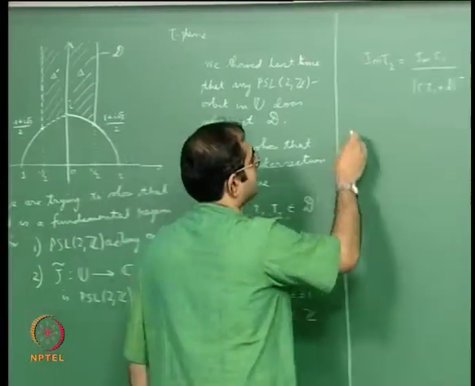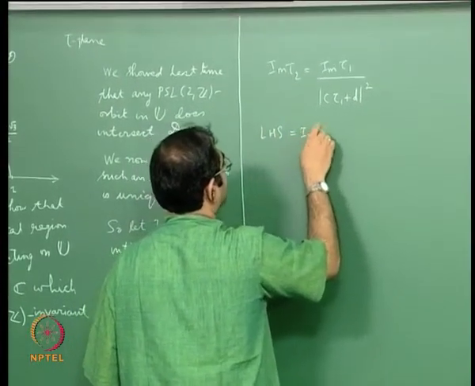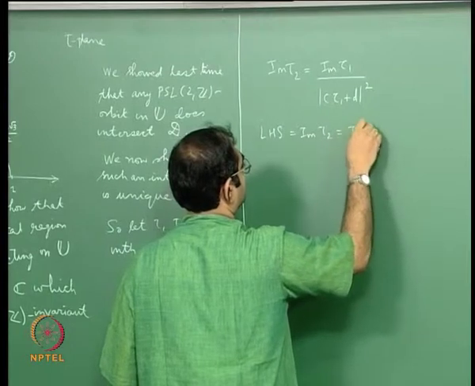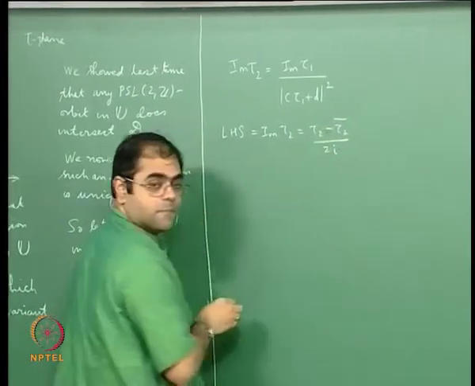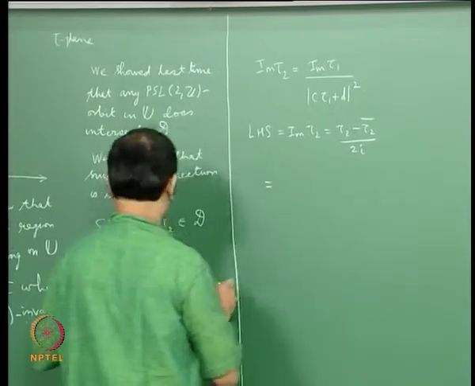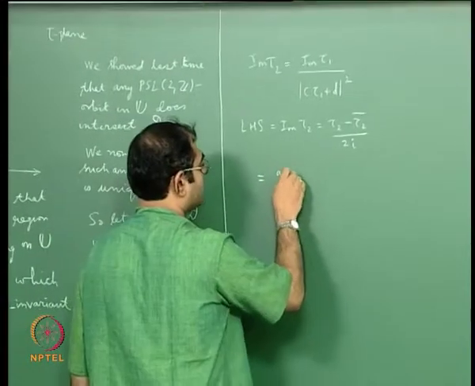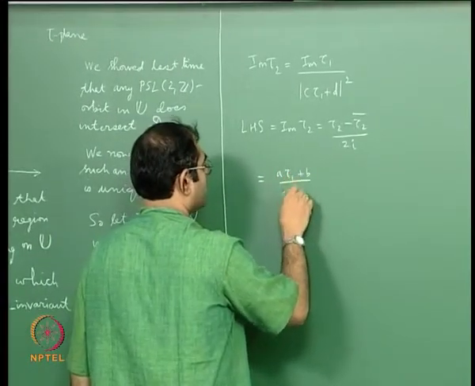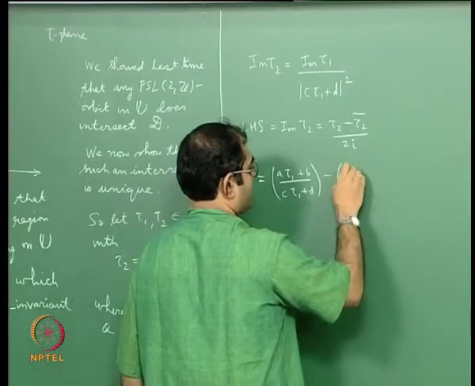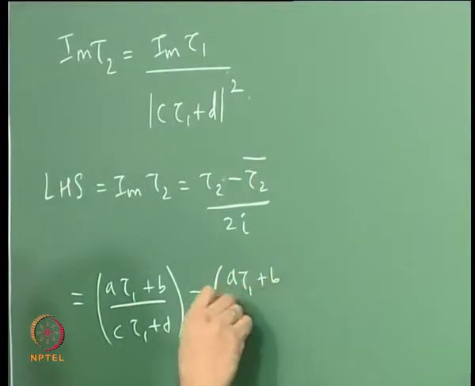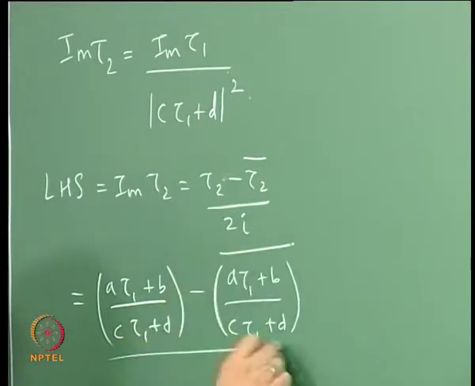The left hand side is the imaginary part of tau 2, which is (tau 2 minus tau 2 bar) by 2i. Plugging in this expression for tau 2, you get (A tau 1 plus B) by (C tau 1 plus D) minus the whole bar of (A tau 1 plus B) by (C tau 1 plus D), divided by 2i.